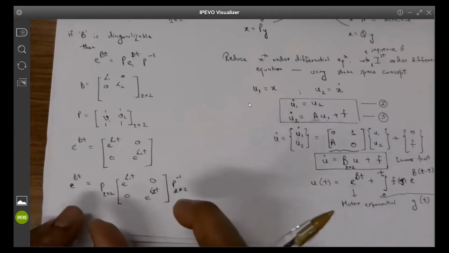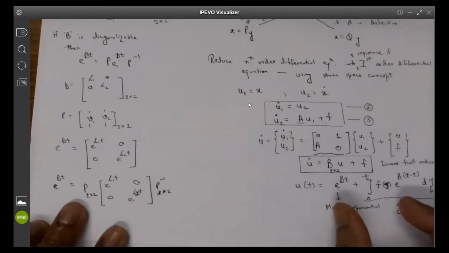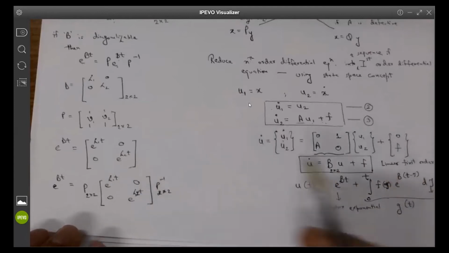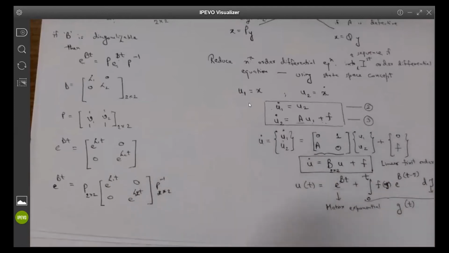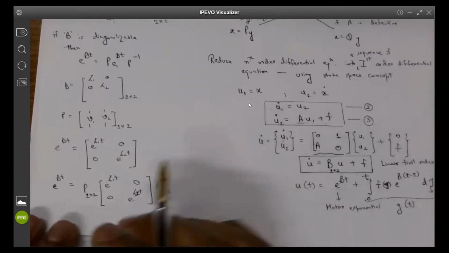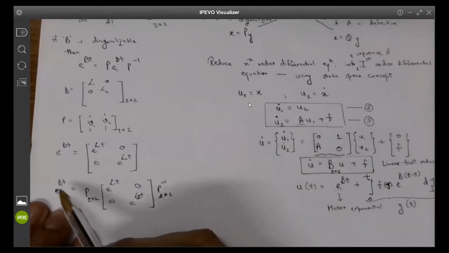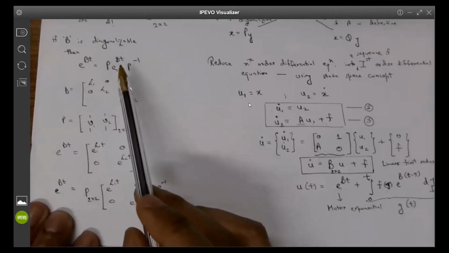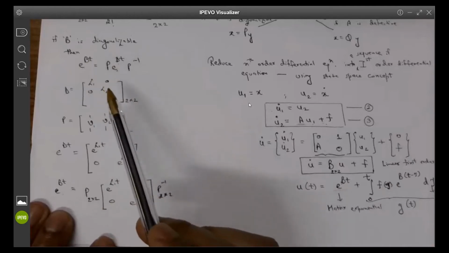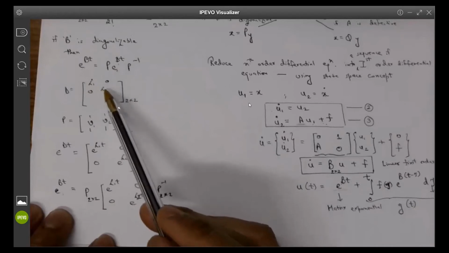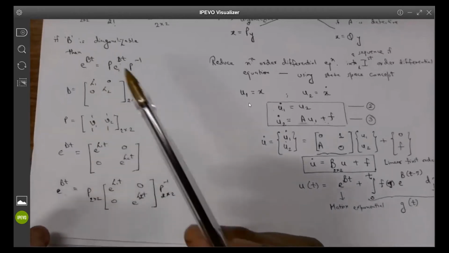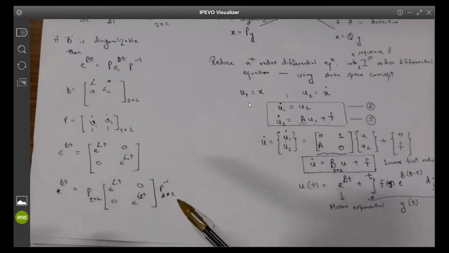And when you use this expression in the integral, you know exactly how to integrate it, since you know how to integrate the individual diagonal terms. That is how the matrix exponential is computed if B is diagonalizable. B is diagonalizable means it has eigenvalues that lead to independent eigenvectors, and that allows B to be written in diagonal form.